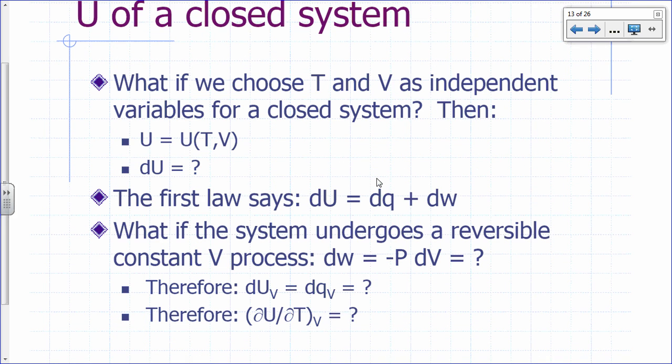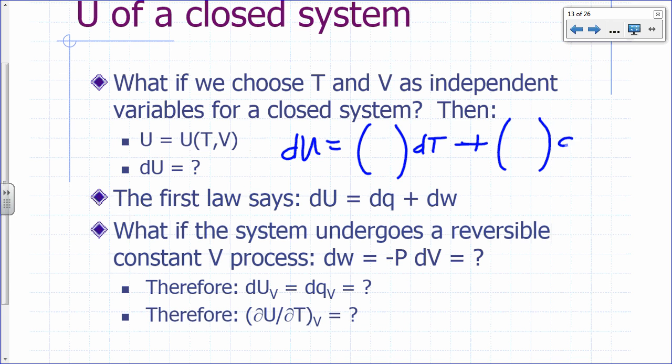So let's say we're interested in the internal energy of a closed system. That's U. And let's say that we're going to choose temperature and volume as our independent variables for the closed system. So if I say U is a function of temperature and volume, then dU, I can write as something times dT, right, plus something times dV.